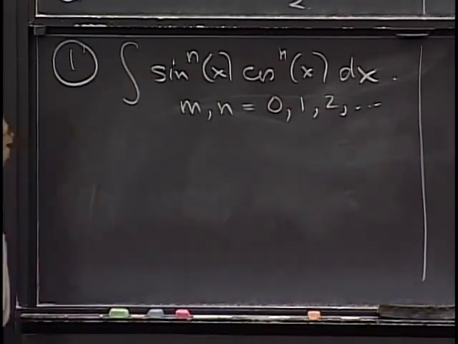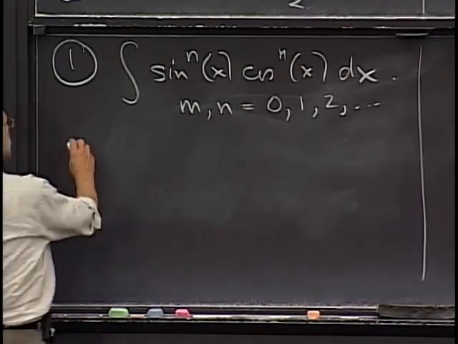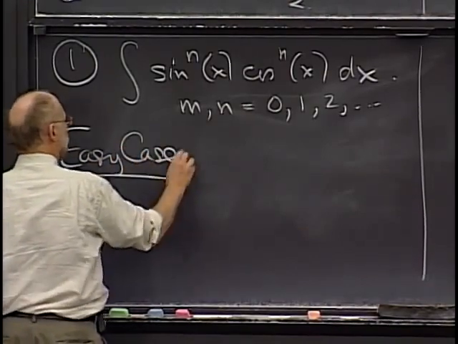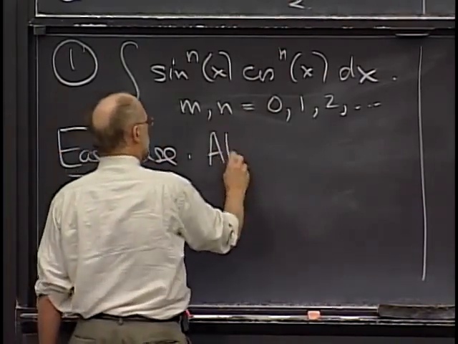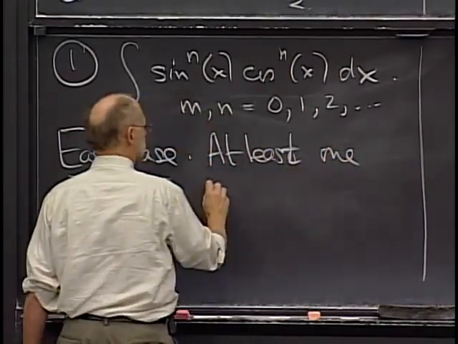Well, there are two cases to think about when you're integrating things like this. There's the easy case, and let's do that one first. The easy case is when at least one exponent is odd.